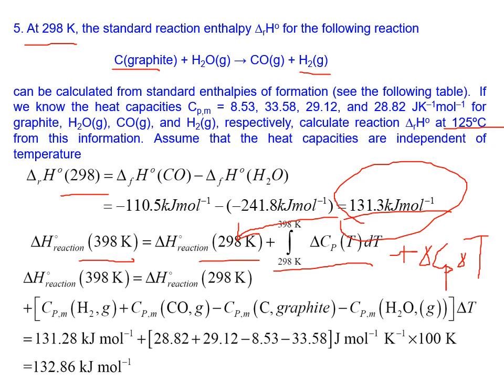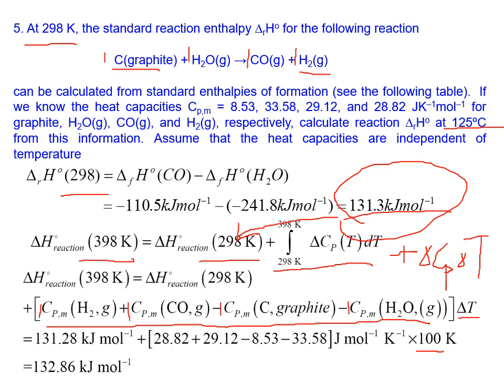So delta Cp is calculated by the heat capacity of product minus heat capacity of the reactants. In this reaction, the coefficients are all 1, and that's why here they are all 1. Now, if the coefficients are not 1, you have to multiply by the coefficient to calculate delta Cp. Delta T is the final temperature minus initial, which is 398 minus 298, and that gives you 100 Kelvin.